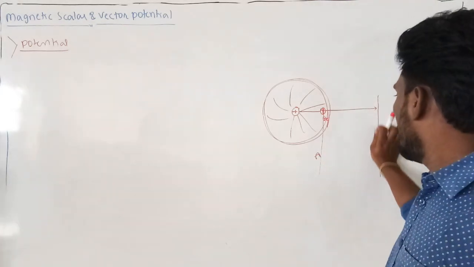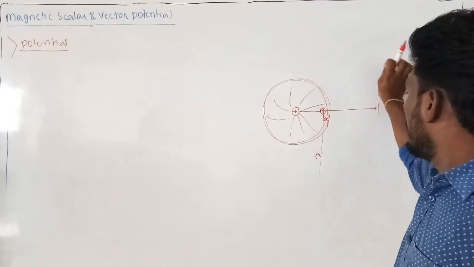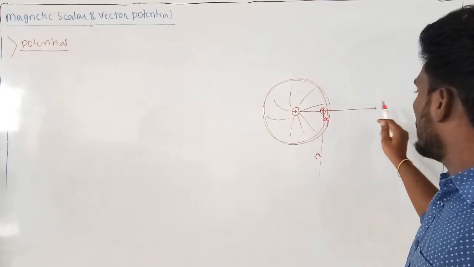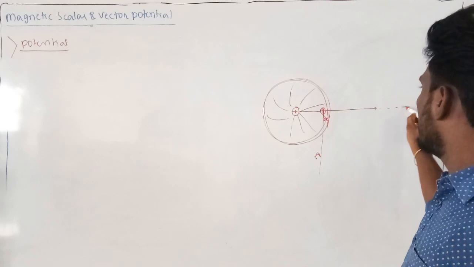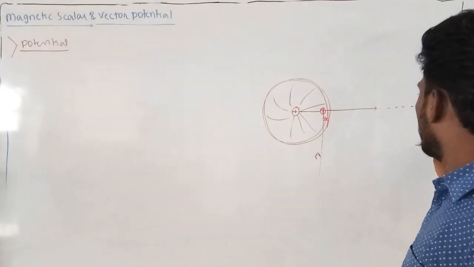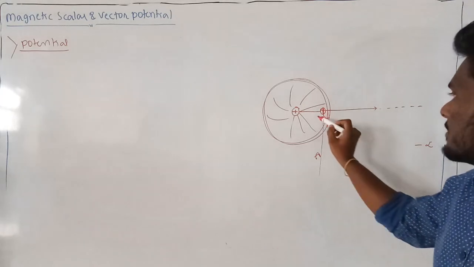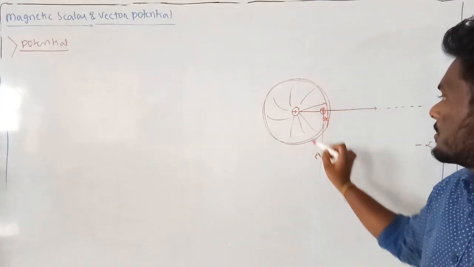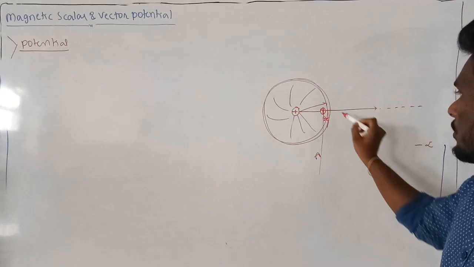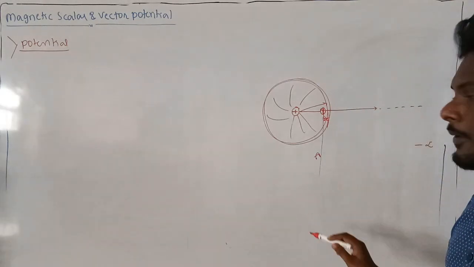For example, the final position of qt is at infinity. As the electric field direction of the base charge is from A to infinity, the charge direction is also from A to B.